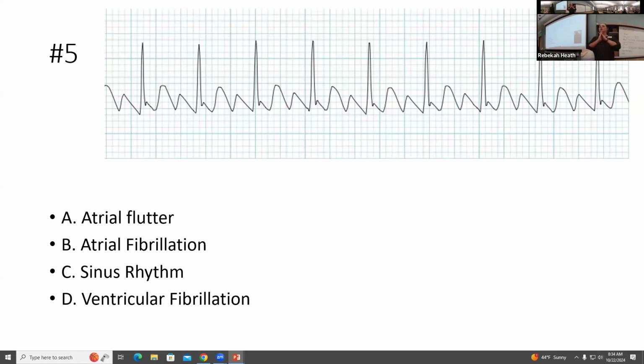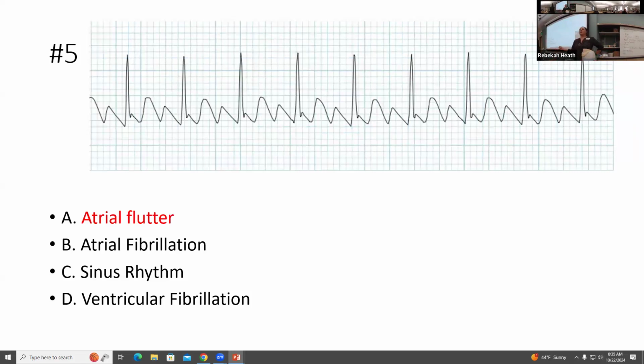Looks nice and narrow, so it's probably coming from the atria somewhere. What about the P waves? I heard a key word here, sawtooth. What do we have? Atrial flutter. The sawtooth waves, they're the flutter waves.